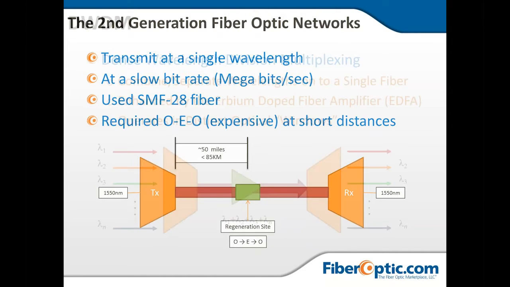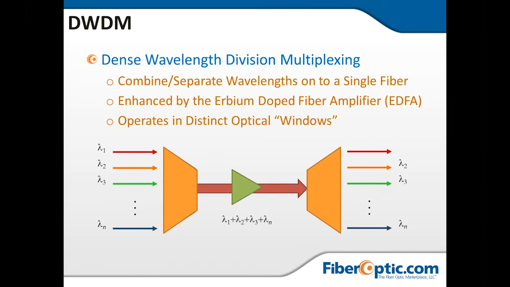Then we found amplifiers. With erbium-doped amplifiers, we can amplify the signal and send it on. Now, of course, if there's any dispersion or spreading out of the pulse, it doesn't get reclocked and retimed. It just gets sent on down the line to get more dispersion. We'll talk about that in greater detail.